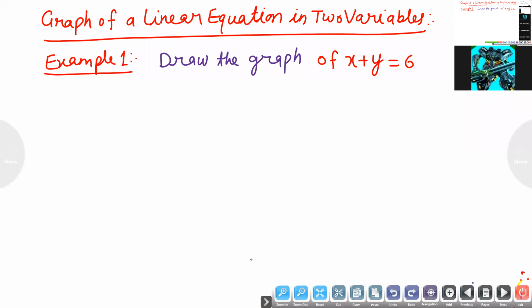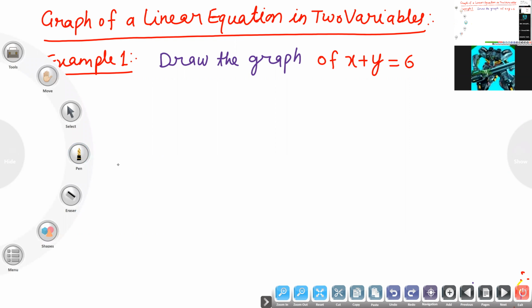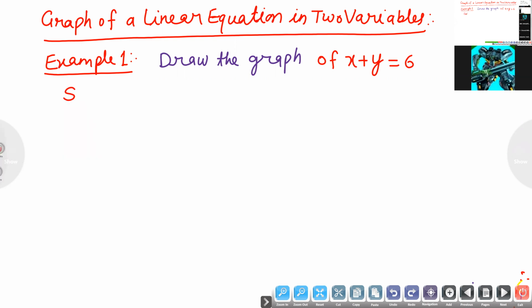All students stop writing. Solution. The linear equation given here is x plus y is equal to 6.